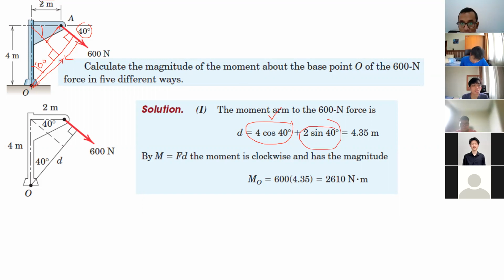So this one is D1, this one is D2. D1 will be 4 meters cos 40 degrees. D2 will be 2 meters sin 40 degrees. So in total, we will have the total D.